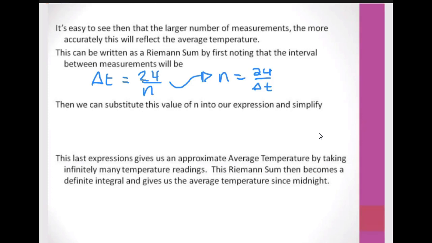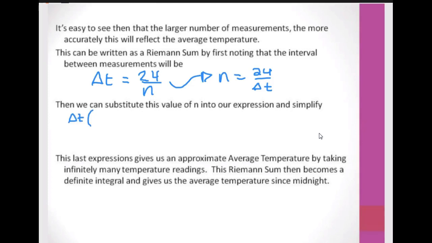Delta t represents the width of the times of the temperatures we took. So if it was every hour, then delta t is 1. If it was every half hour, then delta t is 0.5. If it's every 2 hours, then delta t is 2. So delta t can be factored out because that would represent your width.